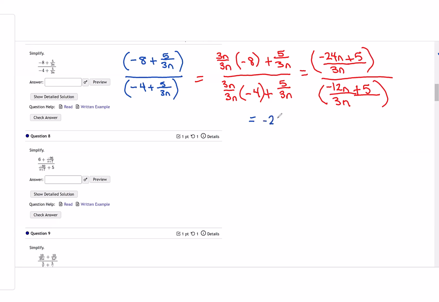Keep the first fraction. Change the division to multiplication and flip the second fraction.